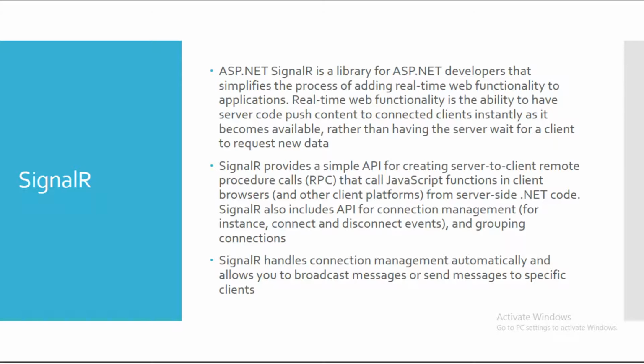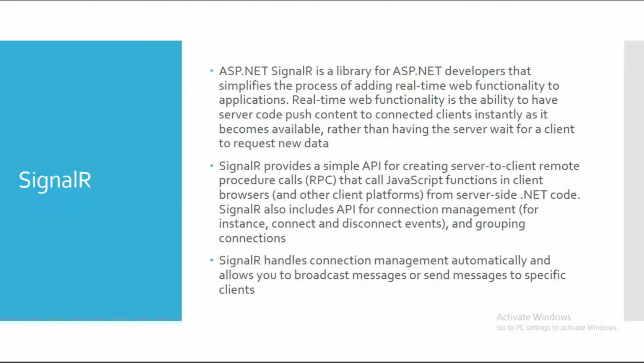So coming to SignalR. SignalR is a .NET open source library which supports real-time communication. I wouldn't say that this is a technology to implement WebSockets, because I'll explain to you why later on. But this mainly uses WebSockets to achieve real-time communication, and it simplifies the process.